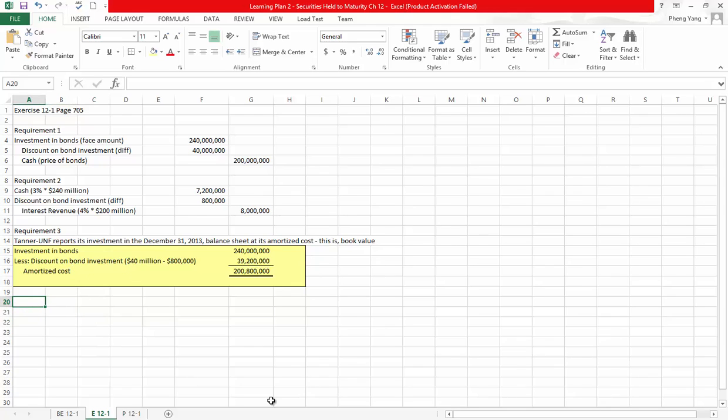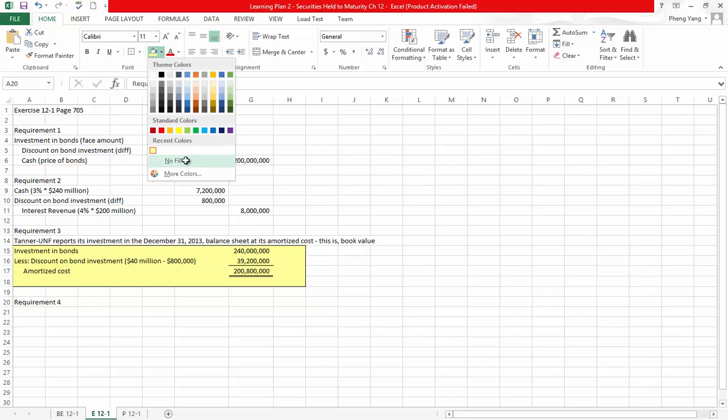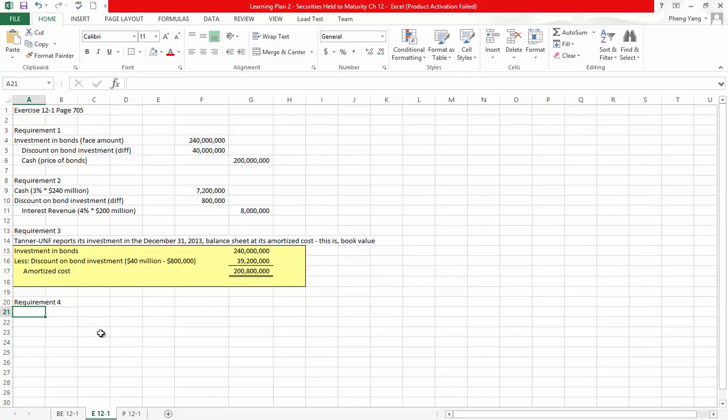Okay, so for requirement 4. Suppose Moody's bond rating agency downgraded the risk rating of the bonds, motivating Tanner UNF to sell the investments on January 2nd, 2014 for $190 million.